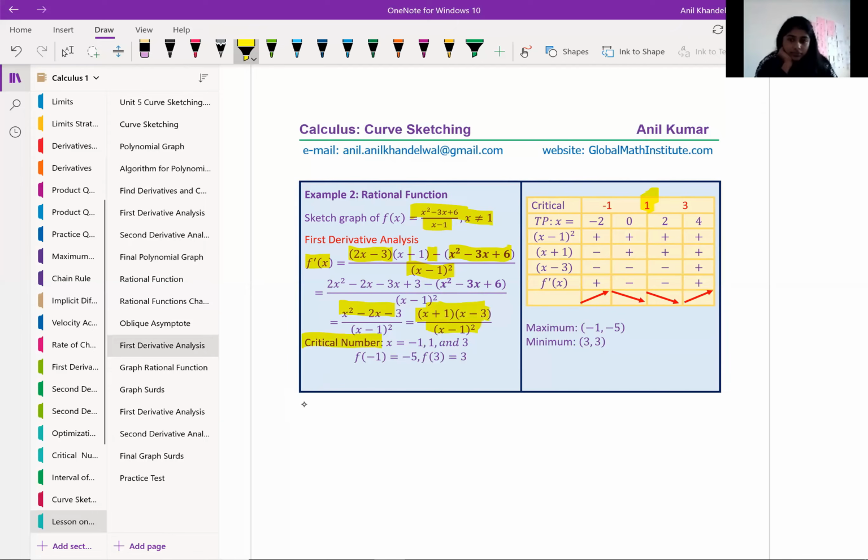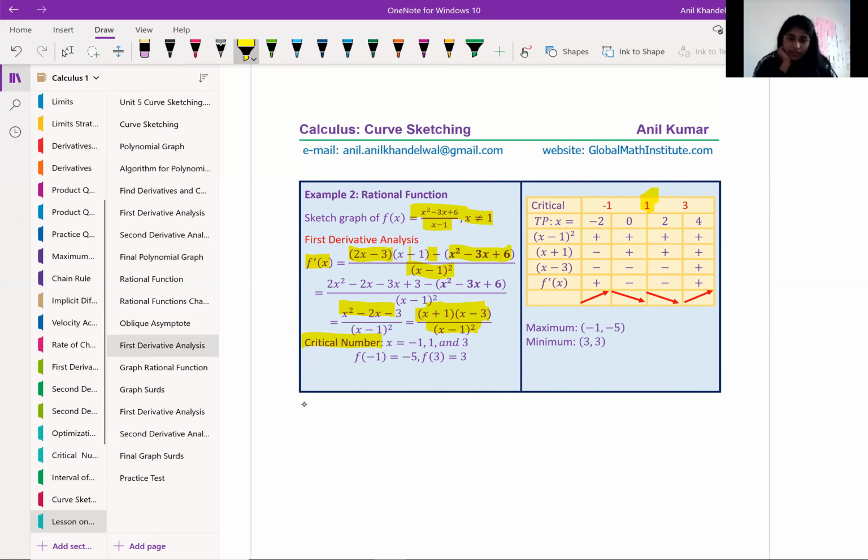Perfect. Do you appreciate that we use the term critical number here and not the stationary number or a stationary point? Can you tell me why? Because critical number is where the f prime x either equals 0 or is undefined. Yes, or does not exist. But the stationary point is a point where it is 0, right?